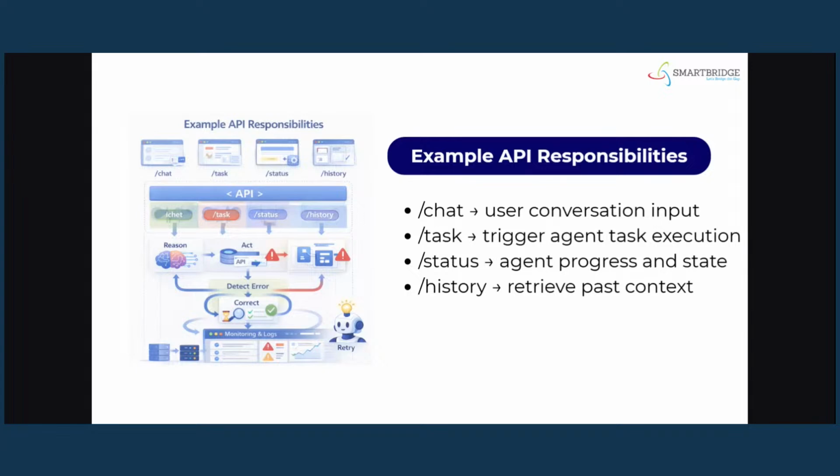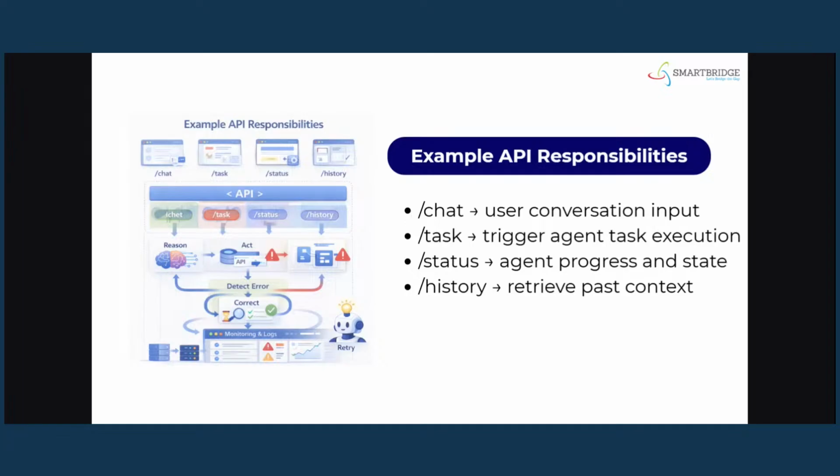In real applications, we don't have just one single API doing everything. Instead, responsibilities are divided so the system stays clean and easy to manage. This also helps when the system grows or when many users start using it at the same time.